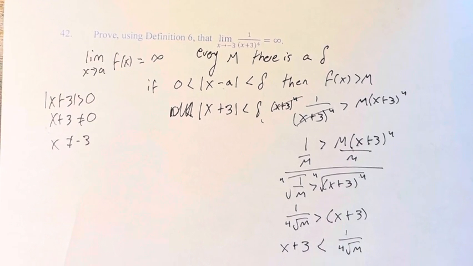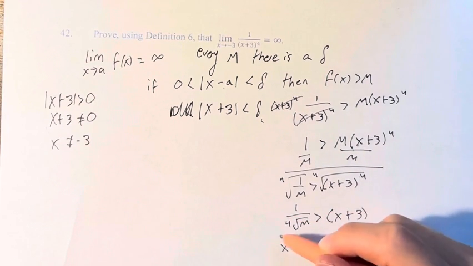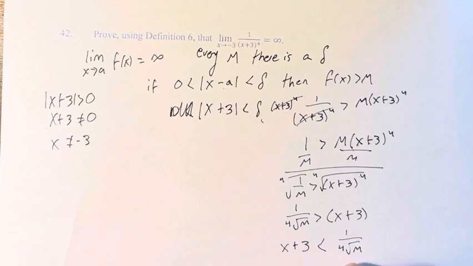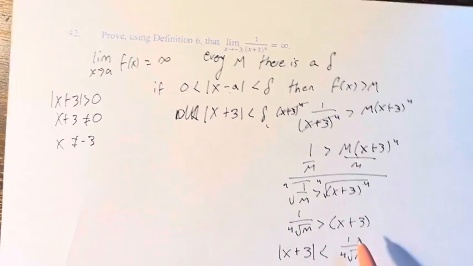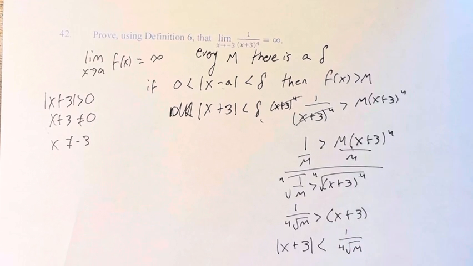If we take the absolute value of this statement, then we can say that the absolute value of x plus 3 is less than 1 over the fourth root of M. This is because when you take the fourth root of something, you have to consider that you can also take the roots of negative numbers.